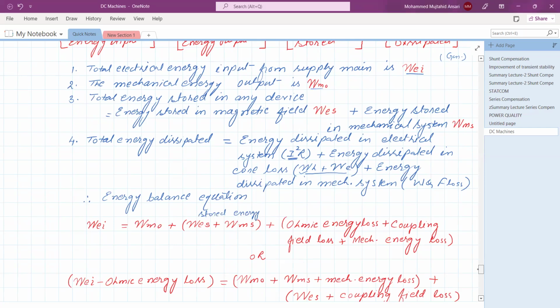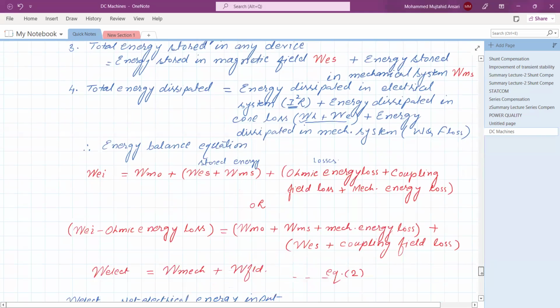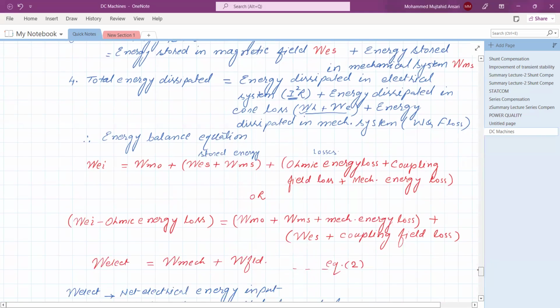Energy stored, and the losses in the form of heat. So ohmic energy loss, coupling field loss, and mechanical losses. Now we can rewrite this equation by bringing the electrical energy to one side.